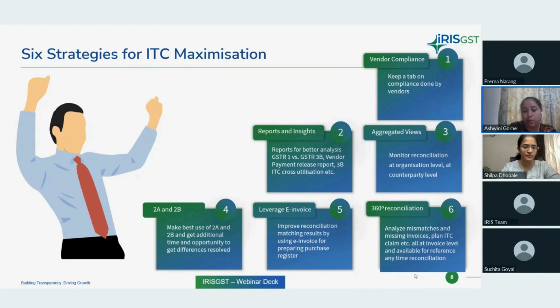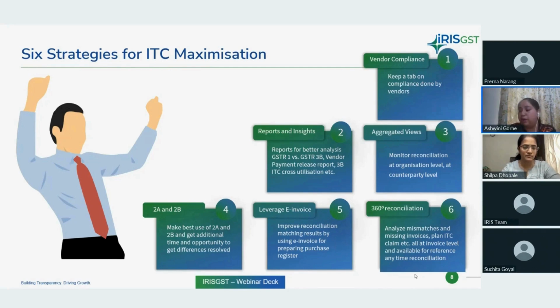And yes, importantly, e-invoicing. You can use this e-invoicing data as an automated input for your purchase register. It will scrub all the manual work of preparing your purchase register and then taking that data for reconciliation.